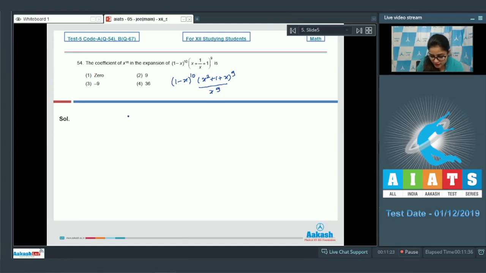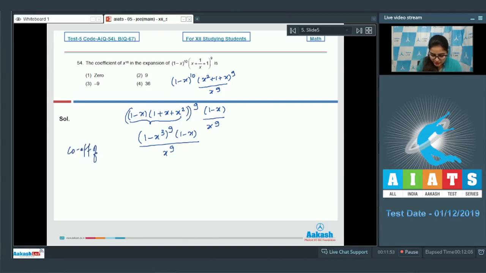So you have (1 minus x)(1 plus x square) to the whole power 9, (1 minus x) divided by x to the power 9. You can see clearly this is (1 minus x cube) to the whole power 9, (1 minus x) divided by x to the power 9. You have to find out the coefficient of x to the power 16 in this.